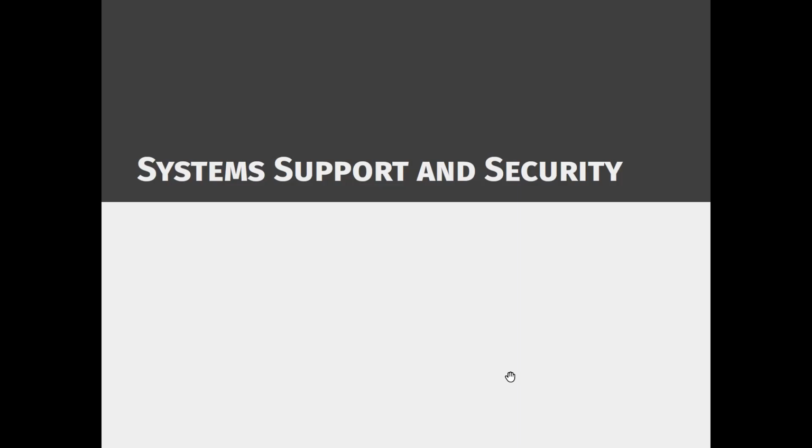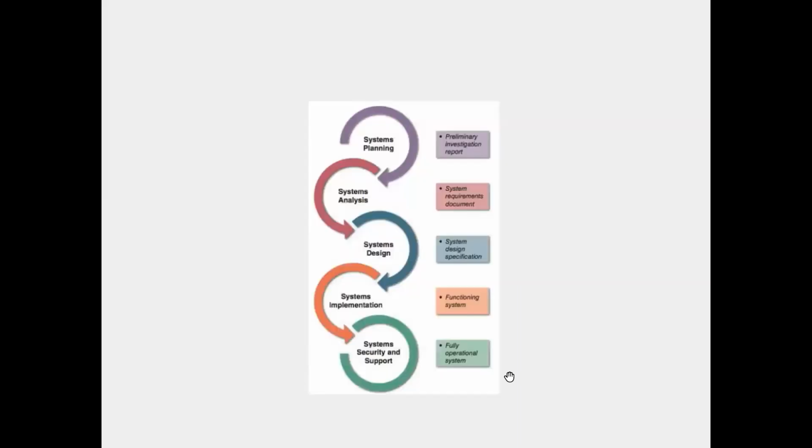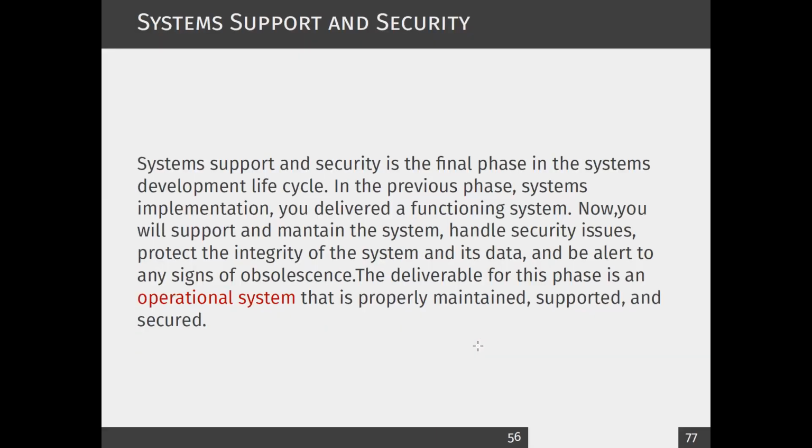So under system support and security, we are going to discuss the issues we might face, because when we develop, you might not think about what might happen in the future. But support and security, you have to focus on that, right?